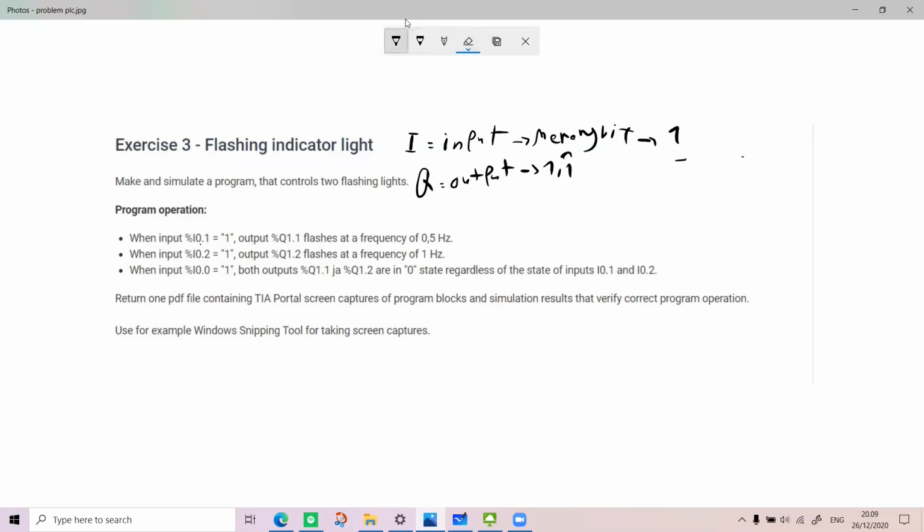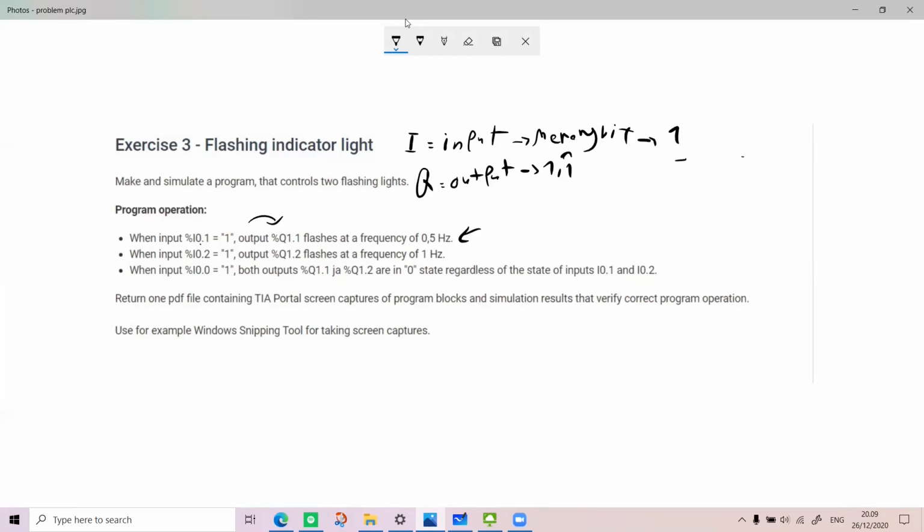Okay, so that's clear. From the first sentence, all we need to deduce is that the input, we can call it switch. So switch 1 controls output 1.1 or light 0.5 hertz. We can name it that. Statement number 2 says that when input 0.2 equals 1, input 0.2 is another input.